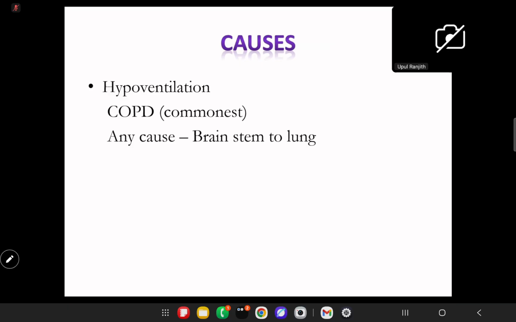There are various situations from the brain up to the lung, various muscle and nerve problems like Guillain-Barré syndrome. So you will hypoventilate and accumulate carbon dioxide.